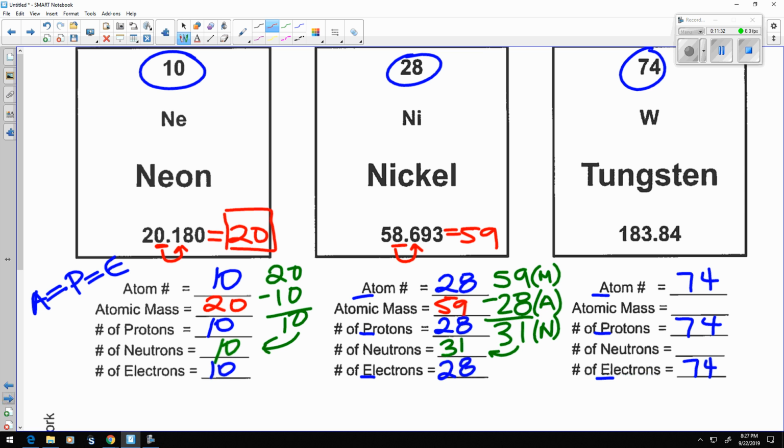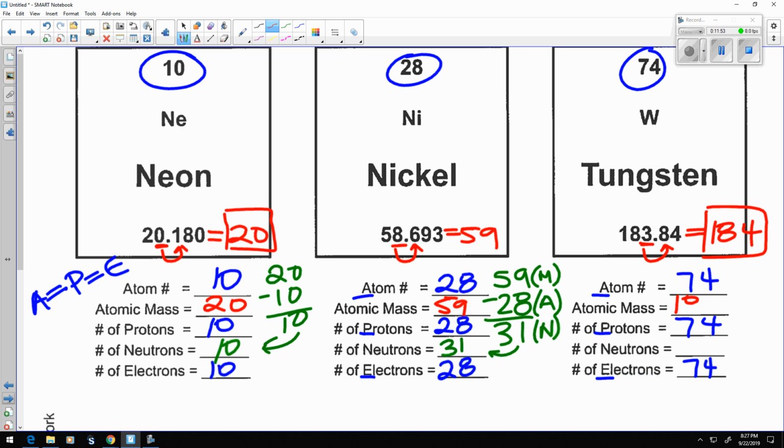Okay, so whole number is that 3 out of 183.84. Look to the right. It is larger than 0.5, so we do need to round up. So that's going to be 184 is our atomic mass.